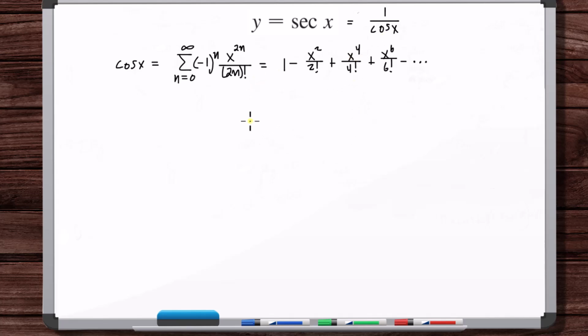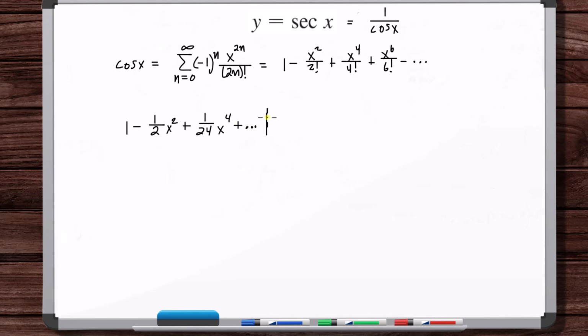Well, let's write out, let's do this first. So 1 minus the divisor, 1/2 x squared plus, 4 factorial is 24, 1 over 24 x to the fourth. And that should be good.